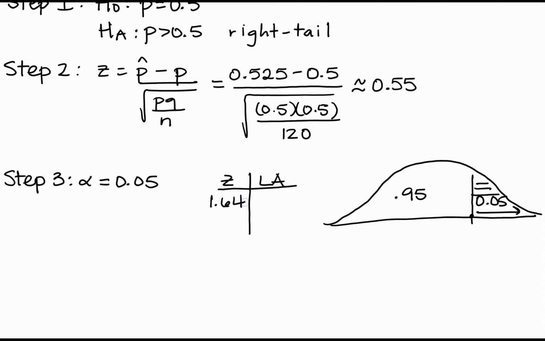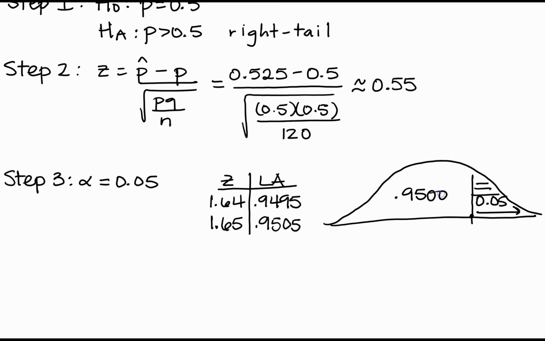Both of those two left areas are equidistant from what we're looking for of 0.9500. And so we are going to average these two z values to find our critical value of 1.645. So our critical value is 1.645.